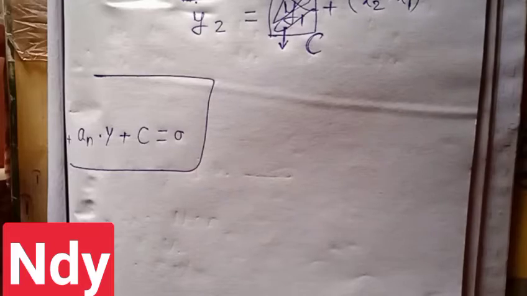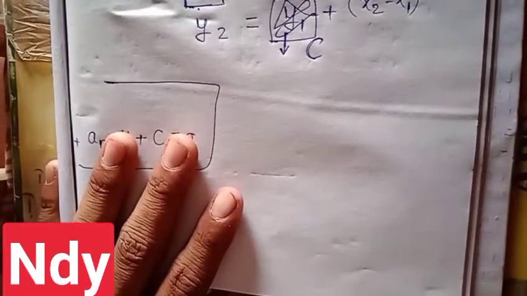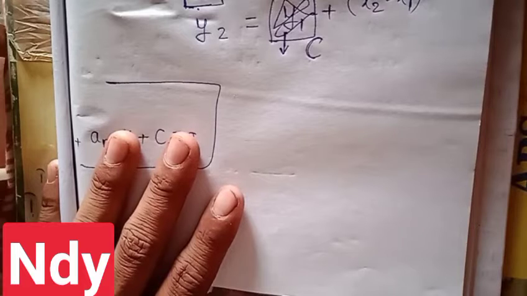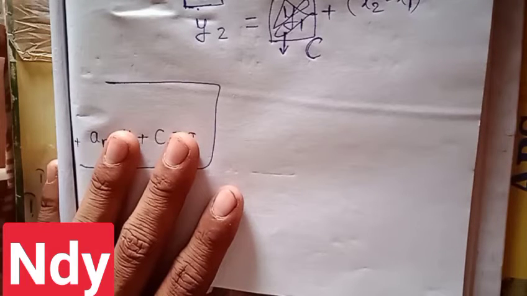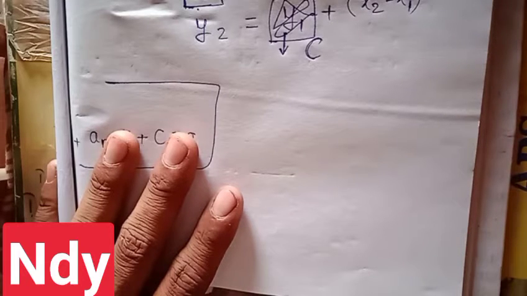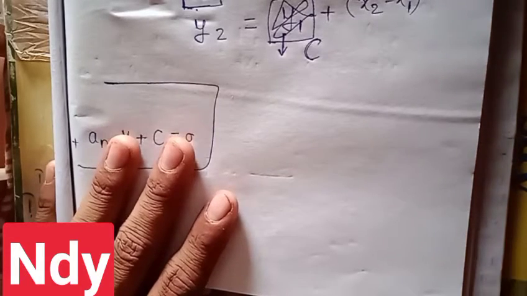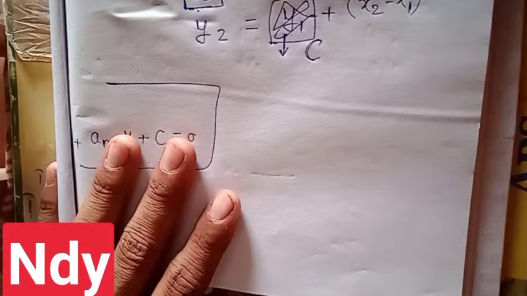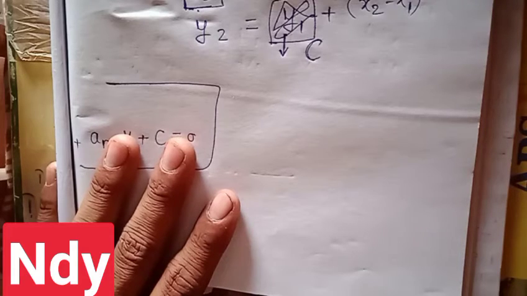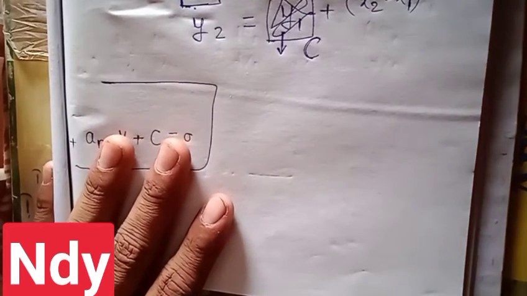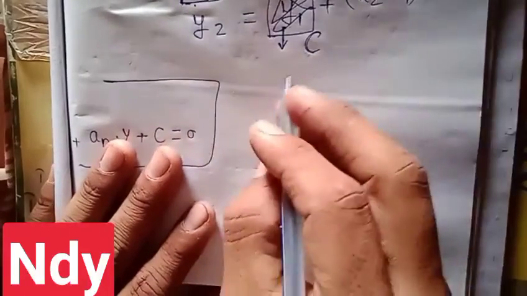This means that each integration will put in one arbitrary constant, so for a solution of an nth order differential equation, in general we need n arbitrary constants. Such a solution which contains arbitrary constants equal to the order of the differential equation is called the general solution, or the most general solution, of that differential equation.